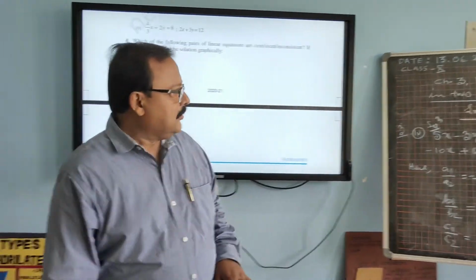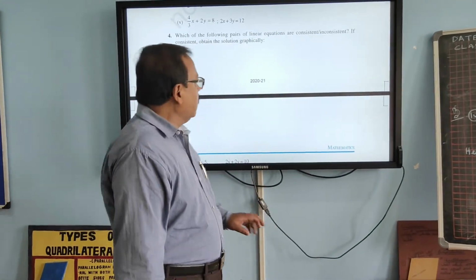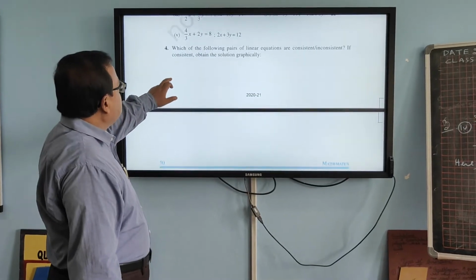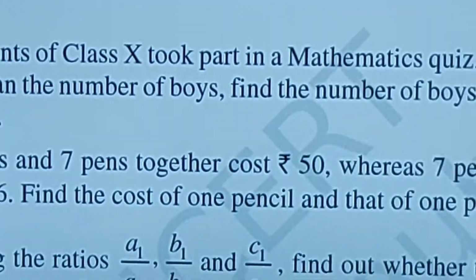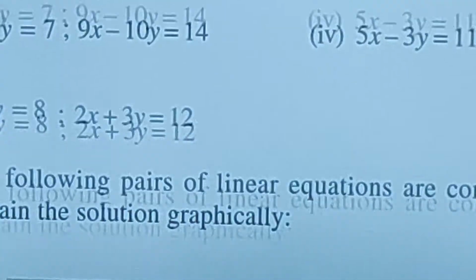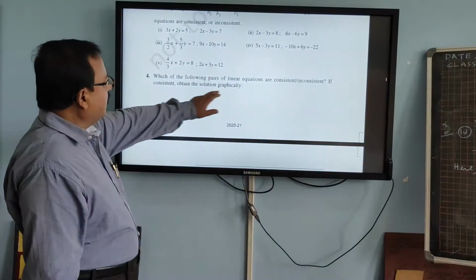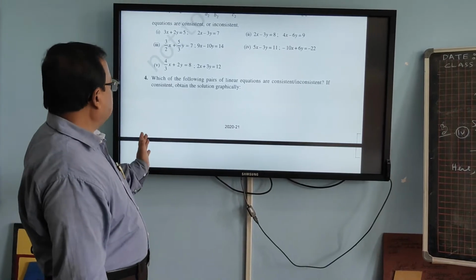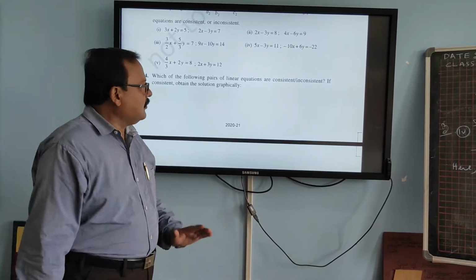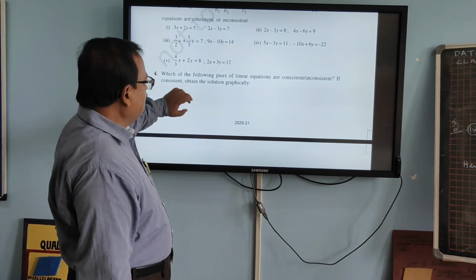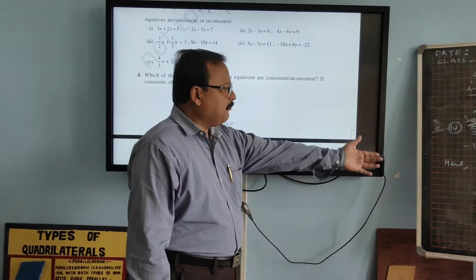We have seen that. In this way, students, let us see this exercise 3.2. Graph which of the following pairs of linear equations are consistent? If consistent, obtain the solution. Okay, students, first you have to find whether it is consistent or inconsistent by the rule from the previous classes.